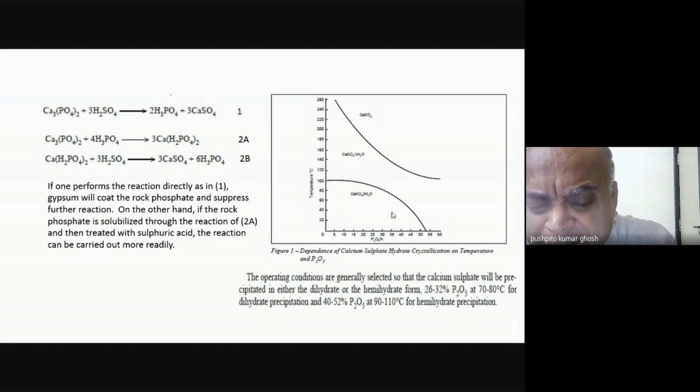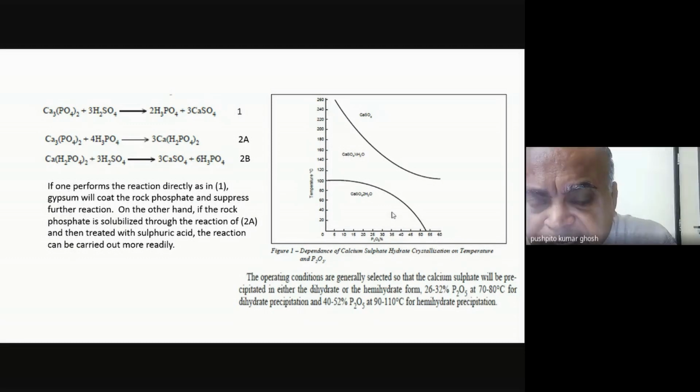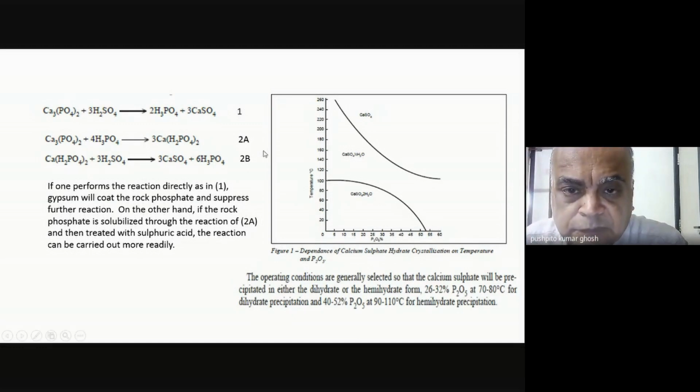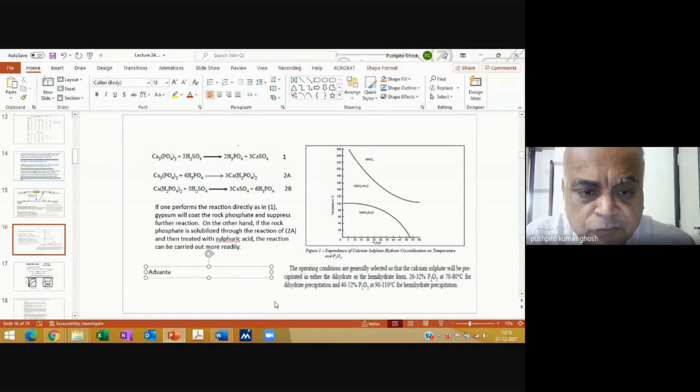So you may find that it's actually not helping you that much. Anything else that comes to your mind? Advantages? Let me put down. It's a good point that you made. Advantages of dihydrate process.